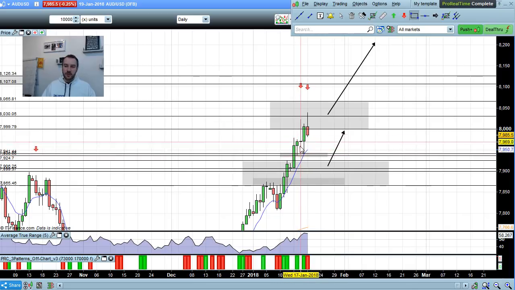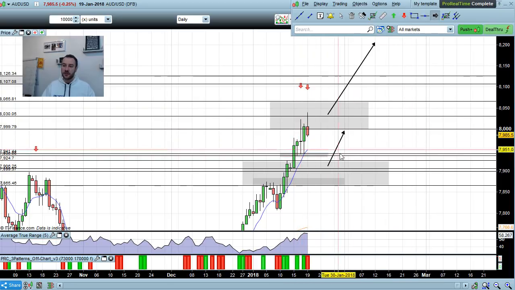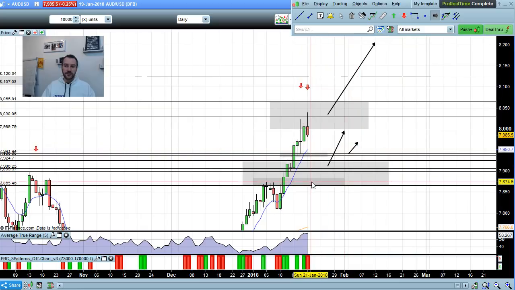You can see it's been bought up, it's been bought up, and it's been bought up. So what's that telling us? It's telling us that on the way up, as the market started to sell off, buyers found value in the market at these levels and were able to force the market higher once again. So if the market comes back down, it stands to reason that buyers will once again be looking at these levels. So it's worthwhile watching for potential support.